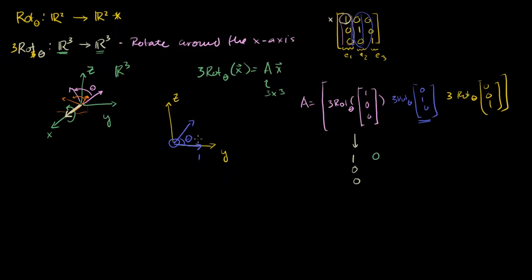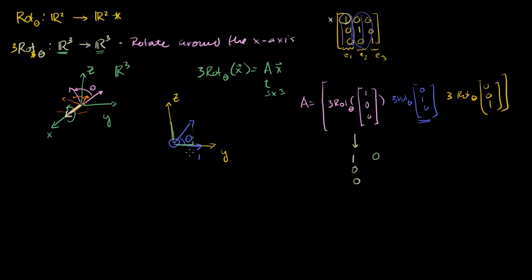And then what's its new y direction? Well, here we do exactly what we did in the last video. This length right here is going to be its new y component, and this length right here is going to be its new z component.